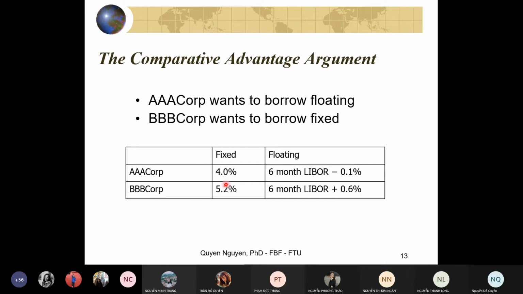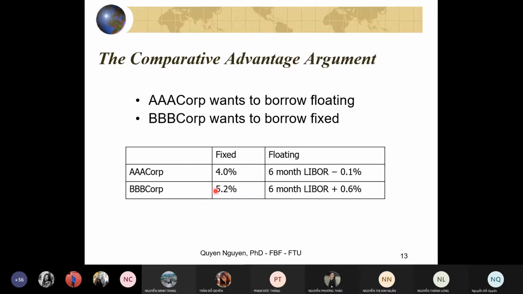We can see the difference between the fixed rate for AAA would be higher, let's say, 1.2, right? The difference in fixed rate between AAA and BBB is more than the difference in floating rate between AAA and BBB.